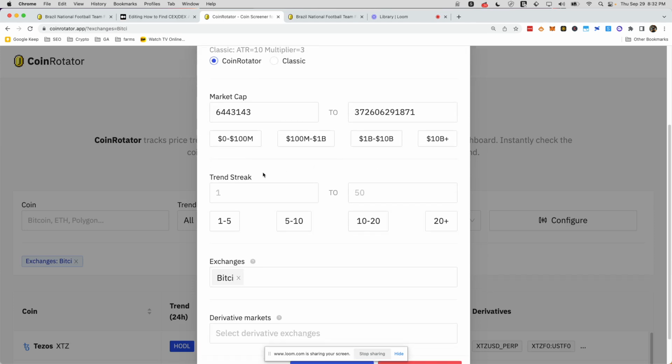A trend is created when the altcoin is in the same direction against all three markets, BTC, ETH, and USD. A 1 through 5 trend streak will be the freshest, and it's the most interesting, at least for me, from a breakout standpoint. But there are other approaches to trading with CoinRotator.